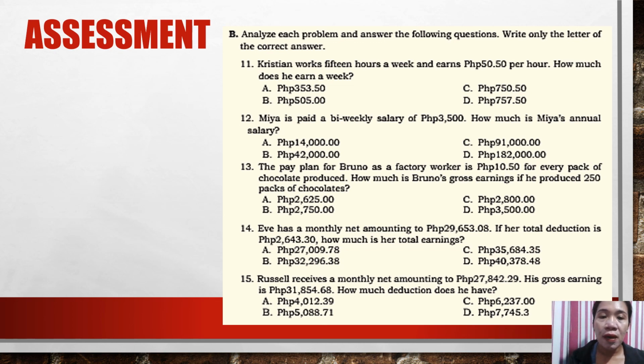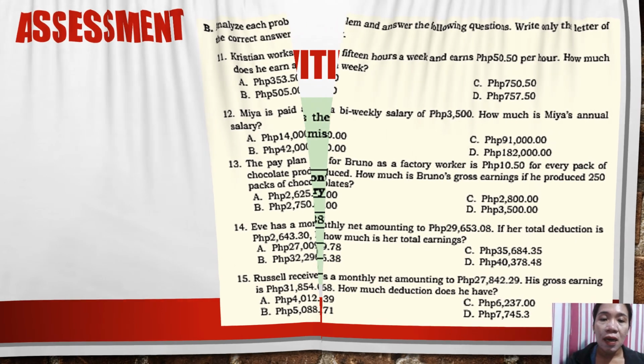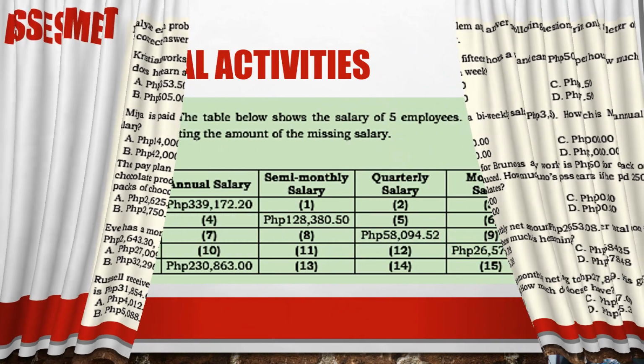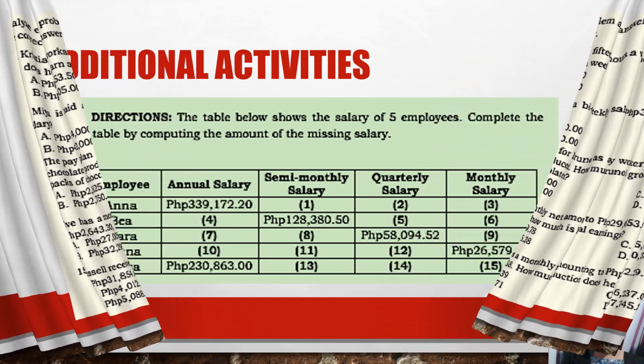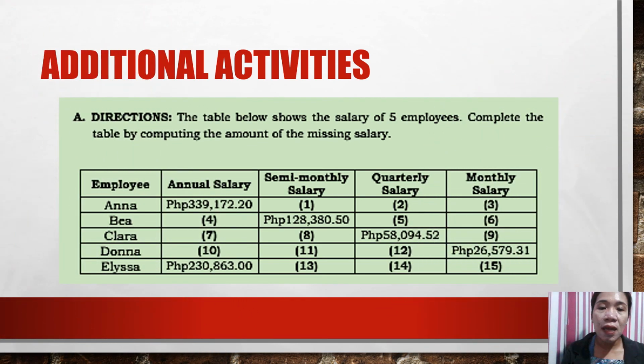Then for additional activities, the table below shows the salary of 5 employees. Complete the table by computing the amount of the missing salary.